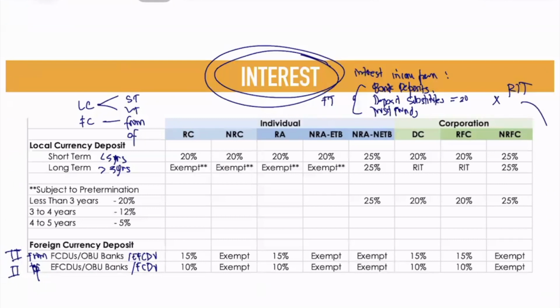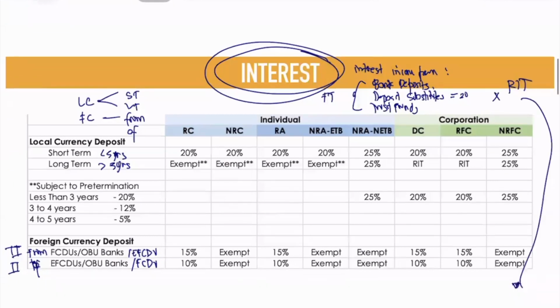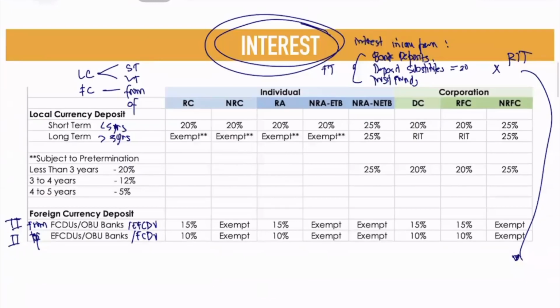So sir, when do we apply regular income tax? We said, right? Only bank deposits, deposit substitutes, and trust funds are subject to final tax. So what if it does not come from there? RIT. An example is interest income on lending. If you just lent money, it is not interest income from your bank deposit, then it is subject to RIT. Interest income on your investment in bonds.